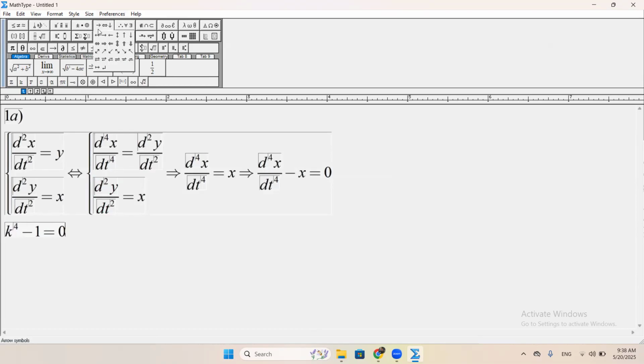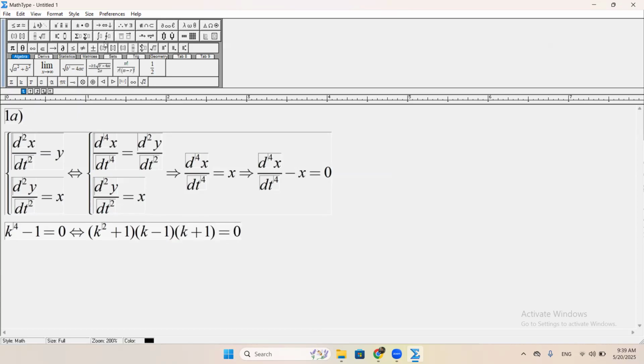Let us use k variable, so it is more convenient for us. So if I factorize this equation, I will receive k square plus 1 by k minus 1 by k plus 1 equals 0.